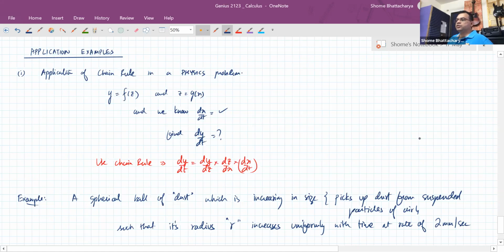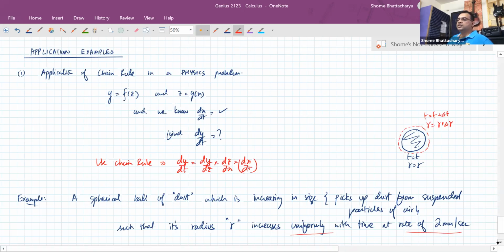So just imagine this situation. We have a spherical ball of dust which at some time t has a radius r, but as time is progressing, its radius is increasing. So at a time t plus delta t, its radius has become r plus delta r, such that the radius is increasing at a uniform rate of 2 millimeters per second.